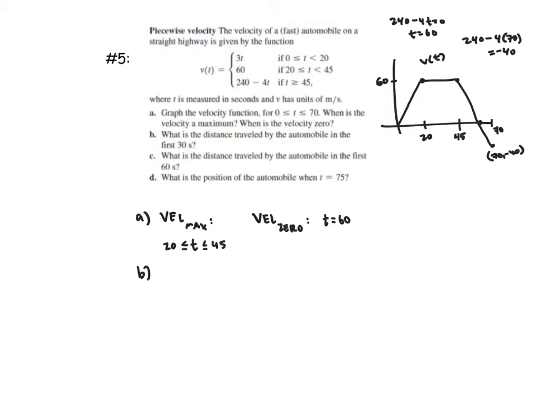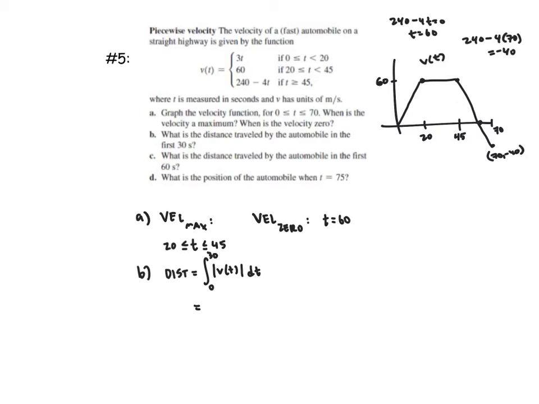It says, what is the distance traveled by the automobile in the first 30 seconds? Well, the distance traveled would equal the integral of the absolute value of the velocity function from 0 to 30. Now in this case, if you look at the graph, the velocity is positive on all values from 0 to 30, so I won't necessarily need the absolute value, but it's useful to think of it that way.